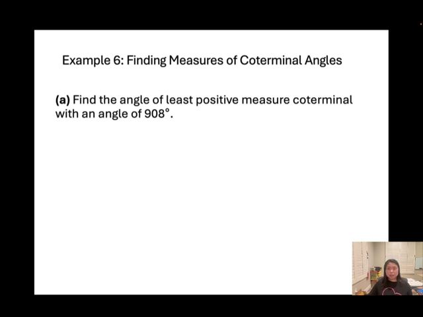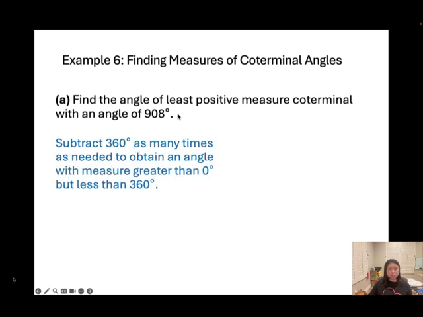Example 6. Finding measures of coterminal angles. Find the angle of least positive measure coterminal with an angle of 908. The least positive angle, so we're going to subtract, right? We're going to try to subtract 360. So you're going to get 548.